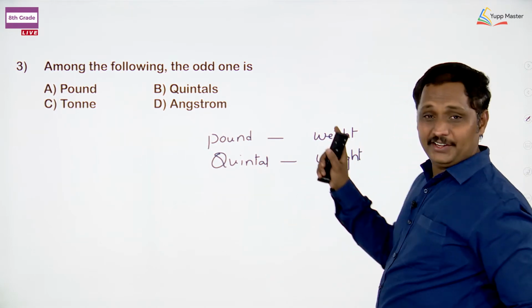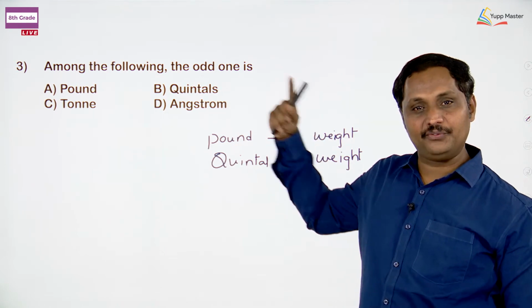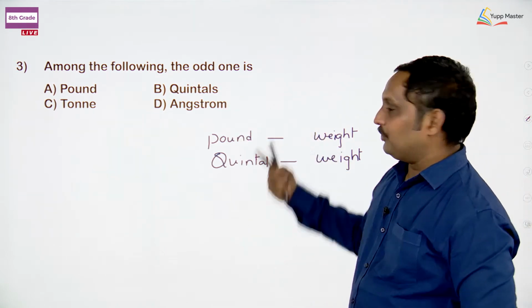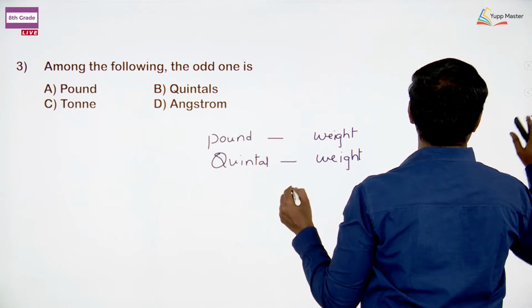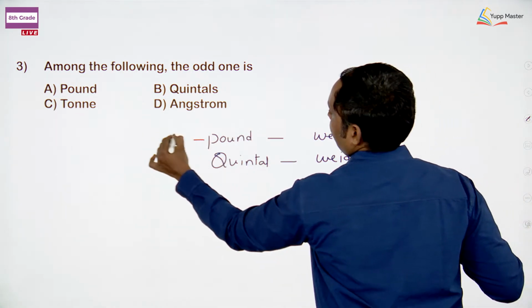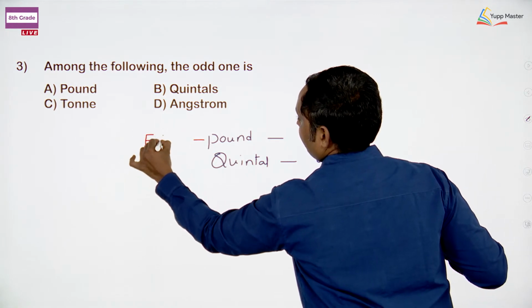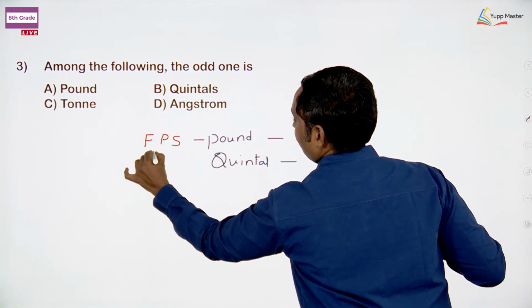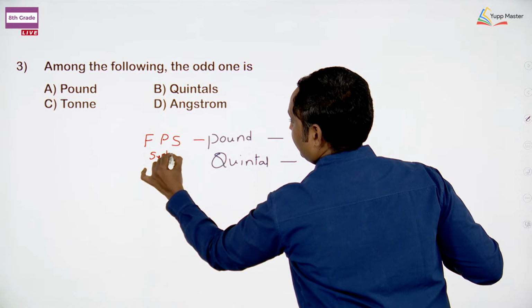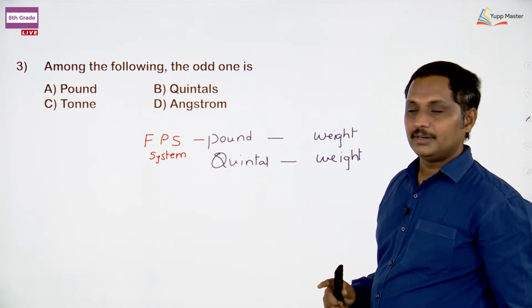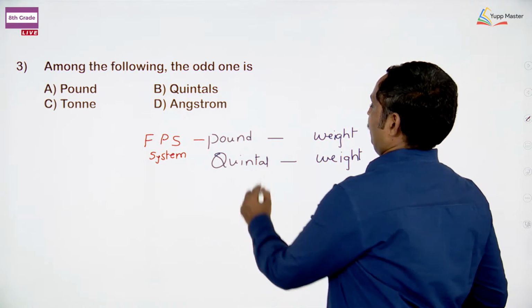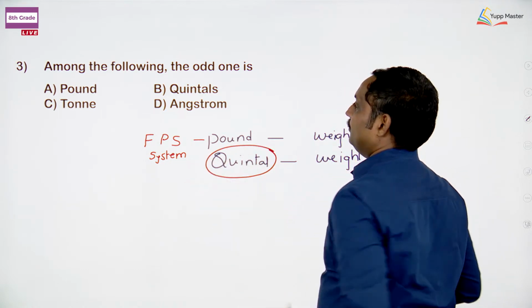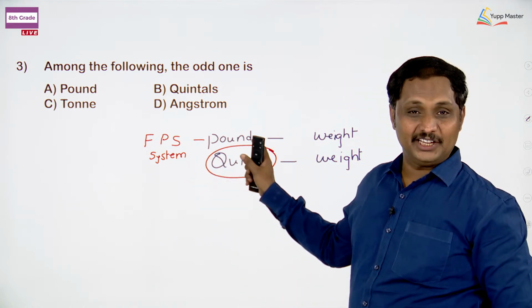You can express at different places in different systems of units. In one system of units, suppose you take the FPS system, this is one unit. Quintal is going to have the conversion.